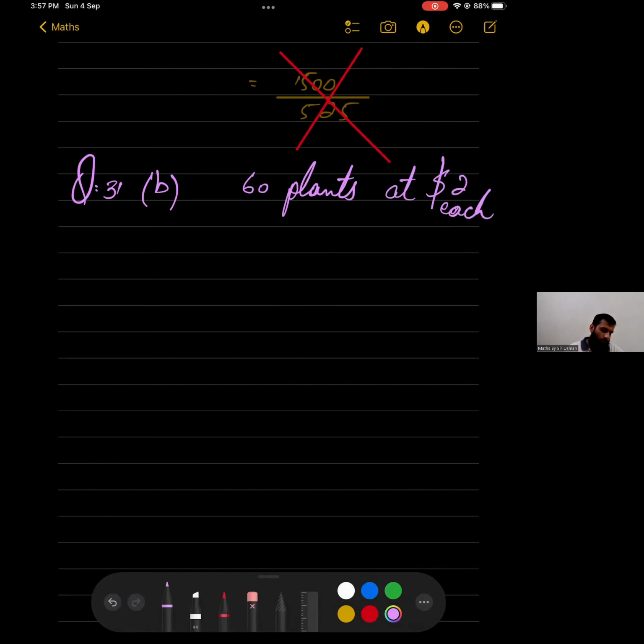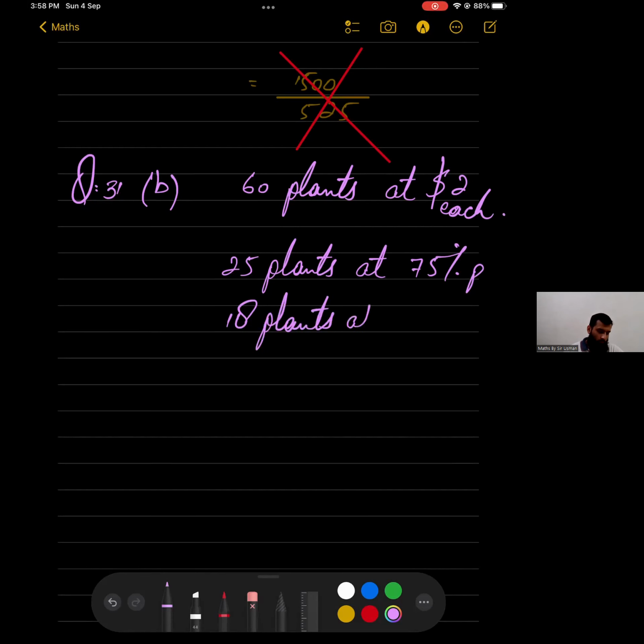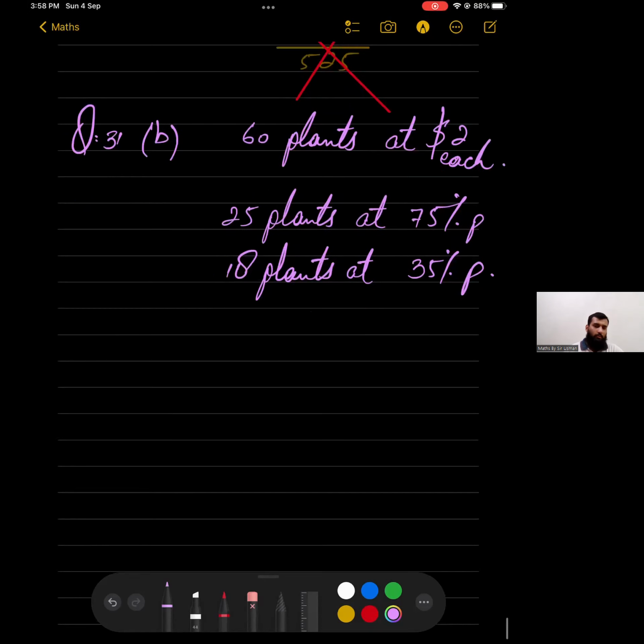Now they are saying that he sells 25 of them at 75% profit, 25 plants at 75% profit, while 18 plants at 35% profit. In the last section, they are saying he sells the rest at 4/5 of the cost price.